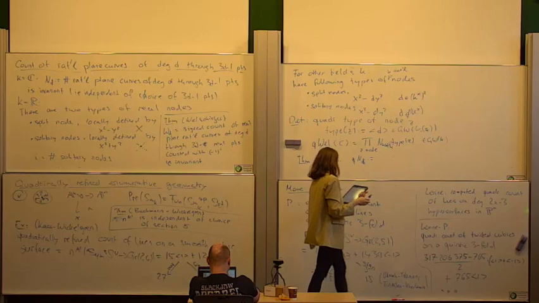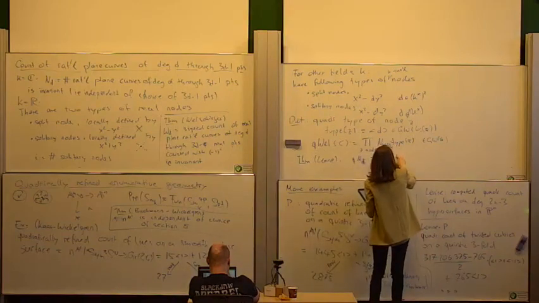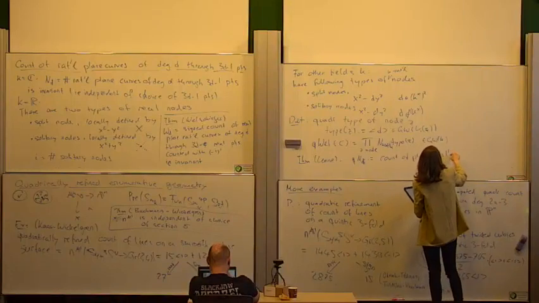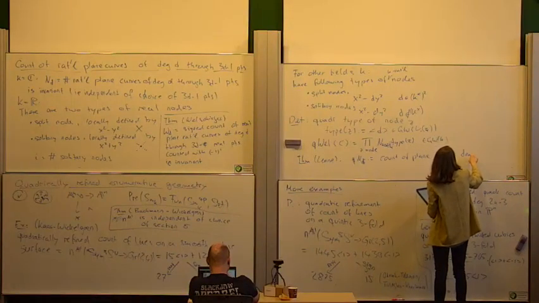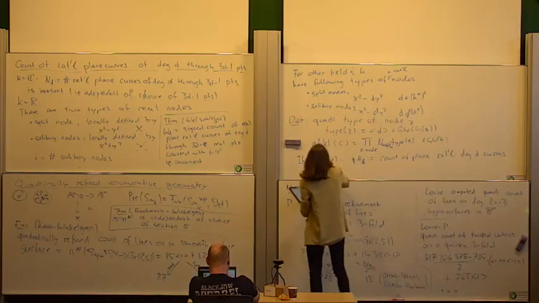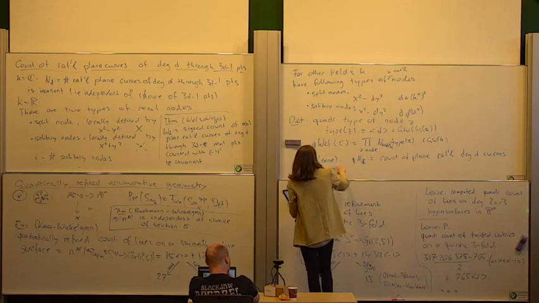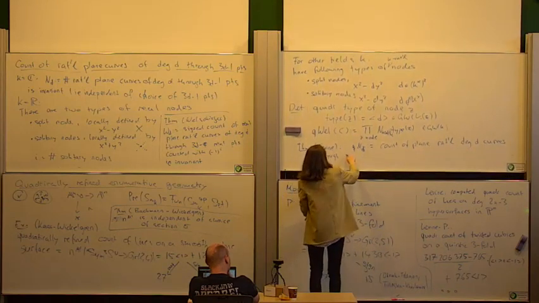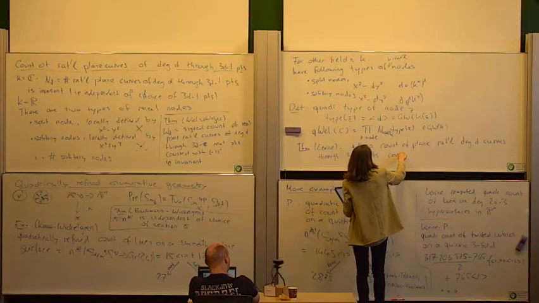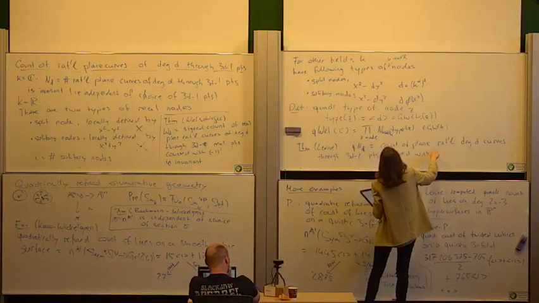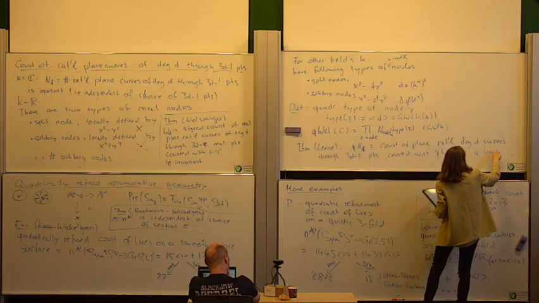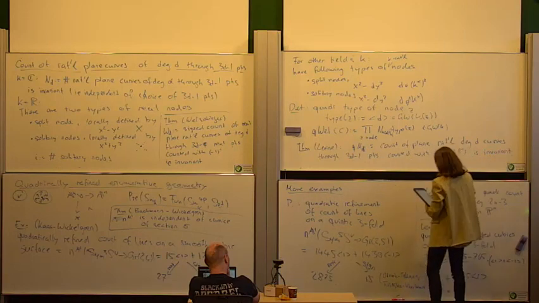So this should be the count of plane rational degree D curves through 3D minus 1 points counted with this quadratic form, and it is invariant. So it doesn't depend on the configuration of points.